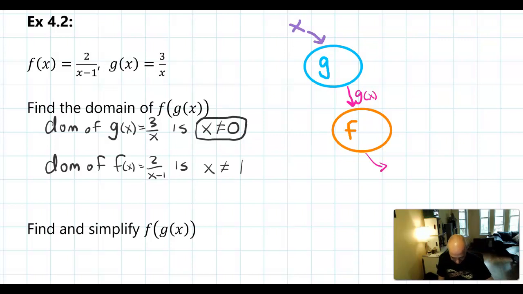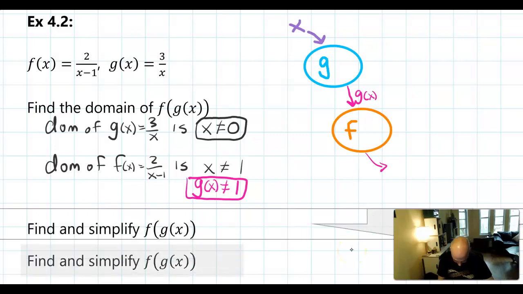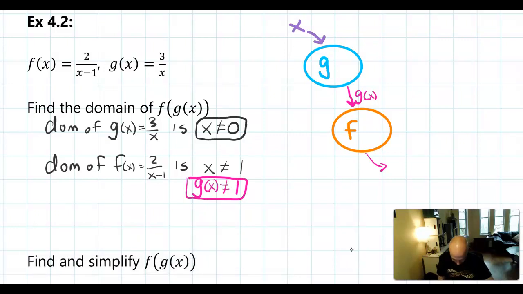So instead of x not equal to 1, what I'll actually write is g of x not equal to 1. That would be sort of the correct domain when you do it in the composition. And that tells us what equation to set up. I know the equation for g of x, it's 3 over x.